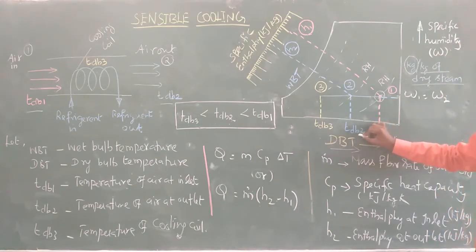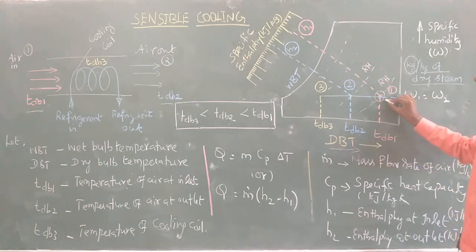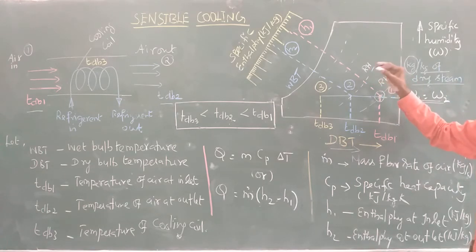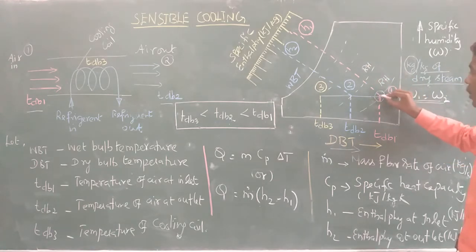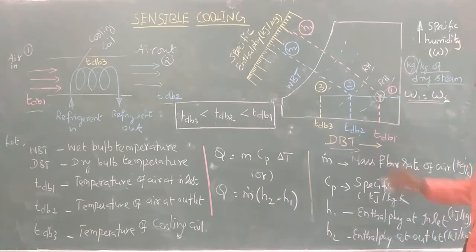This is sensible cooling. What is the definition of sensible cooling? Without changing its specific humidity, we are decreasing the temperature. So this line should be extended towards the left because we need to maintain specific humidity as constant.